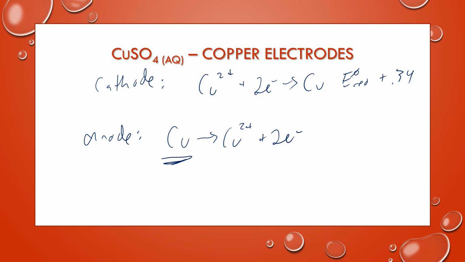And so you are in an interesting situation here where copper is being both oxidized and reduced, which is kind of a cool process. So this is something that is called electrorefining, where you can take an impure source of copper and purify it through electrolysis using copper electrodes. It's pretty neat.